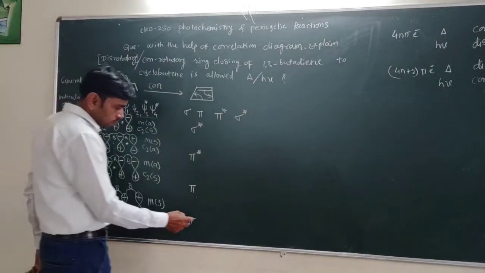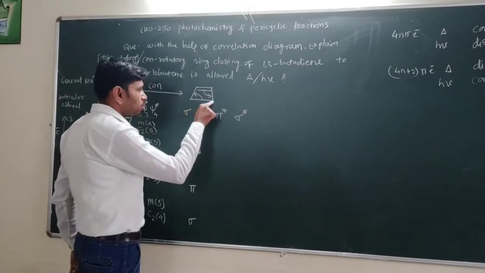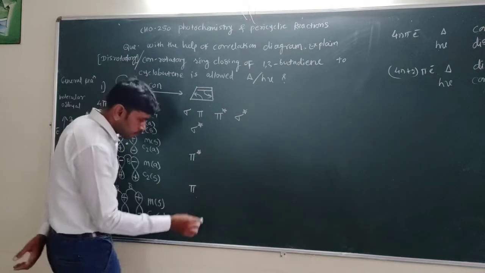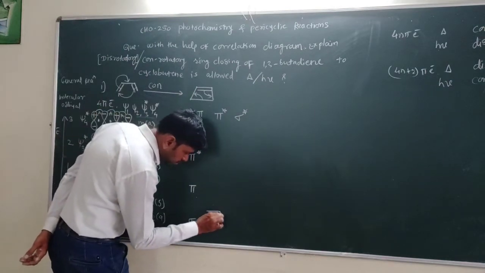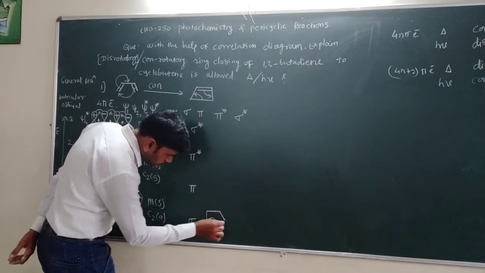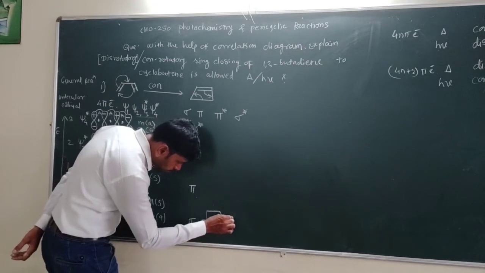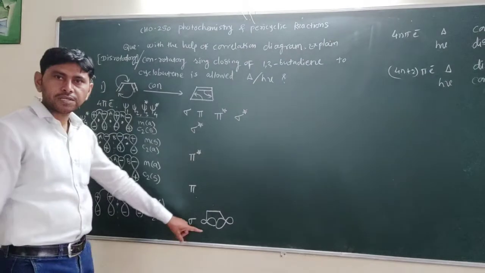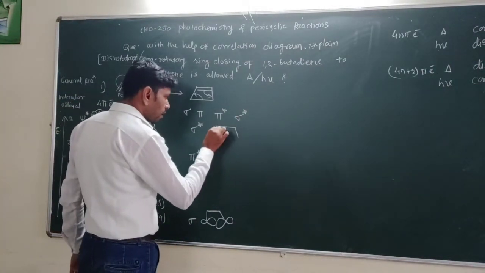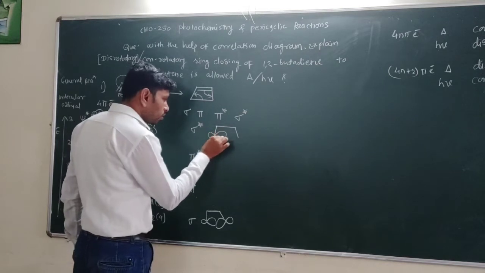Now, how can the sigma orbital be drawn? This is the sigma orbital, sigma overlap. That overlap is shown in this manner. This is the sigma orbital drawn. Here is another, sigma star, shown in the same way.